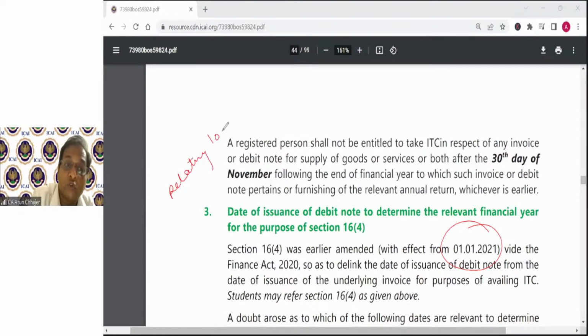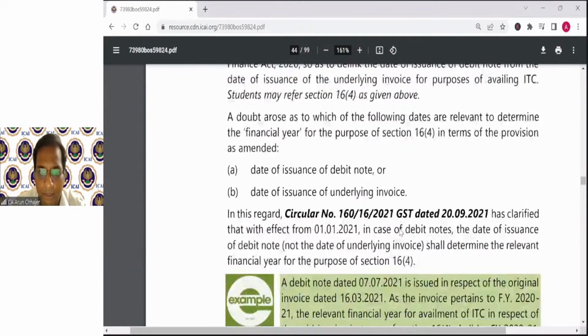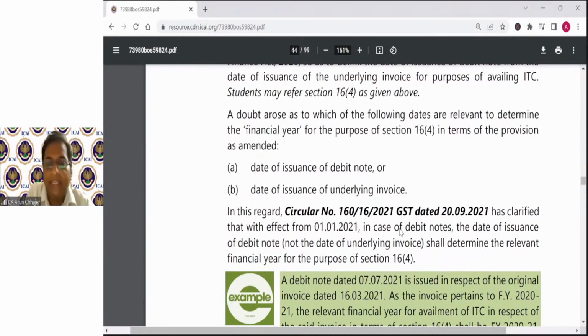Let me open the language of 16(4) so that we can compare it well. Earlier, the doubt arose whether we would consider the date of the debit note or the date of the underlying invoice for which the debit note has been issued. So they have clarified and omitted the words "relating to such debit note", and they are saying the date of the debit note itself would be considered instead of the date of the underlying invoice.